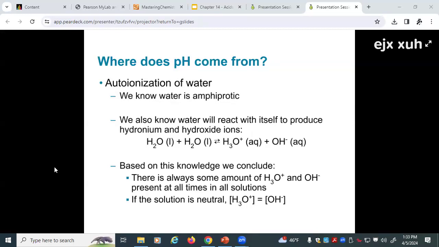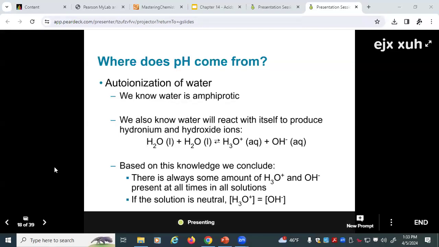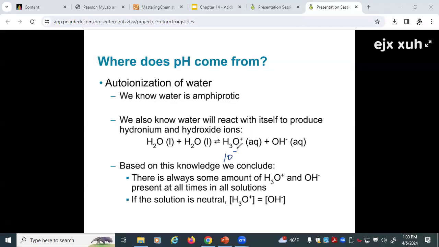What is that small degree? Well, in neutral water, we get 10 to the minus 7th molar hydronium and 10 to the minus 7th molar hydroxide. If I take the logarithm of this, I get -7.